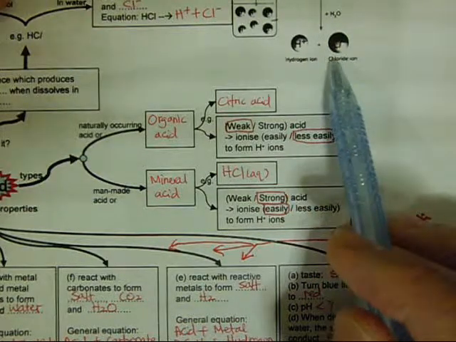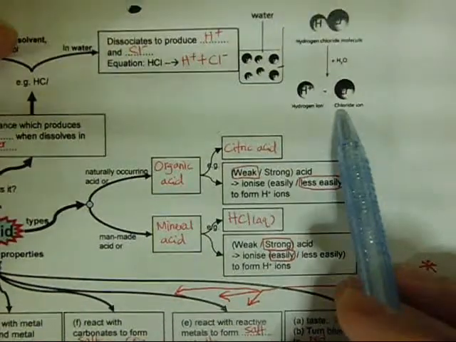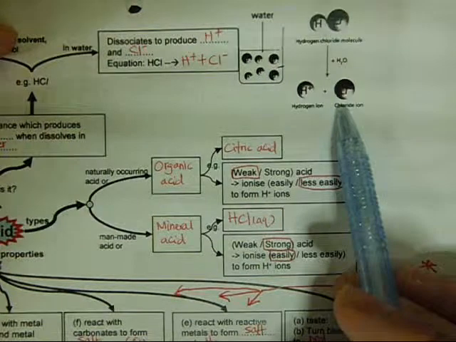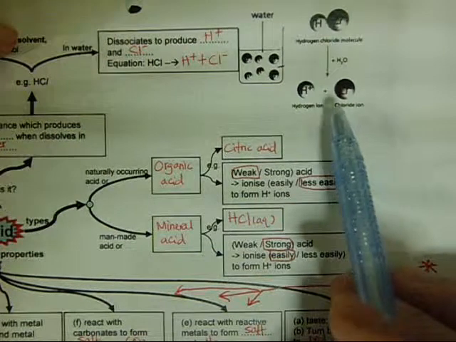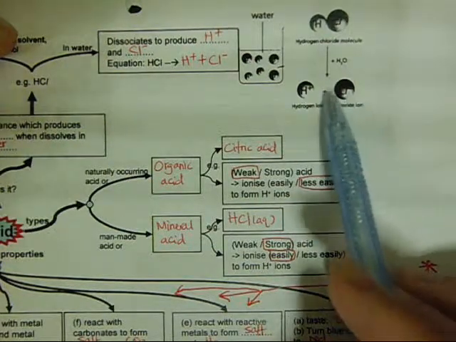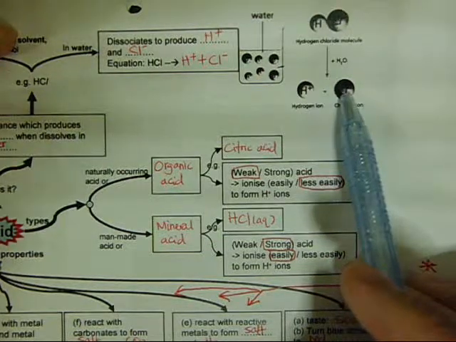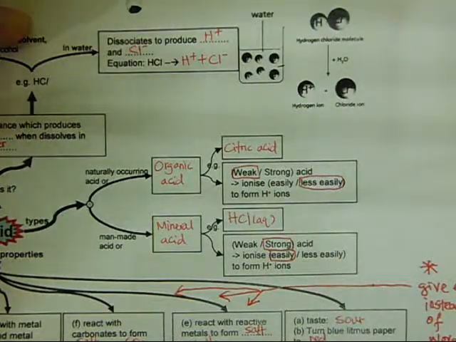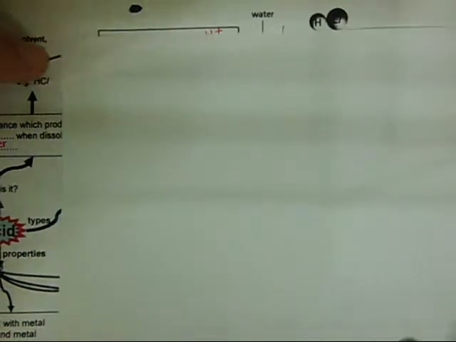So this is a very important behavior of acid. When acid dissolves in water, it would produce hydrogen ions and whatever other ions it has. In the case of nitric acid, when nitric acid dissolves in water, it would produce hydrogen ion and nitrate ion.